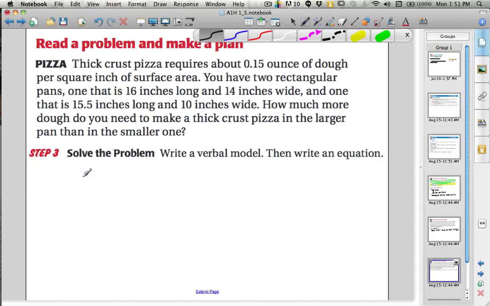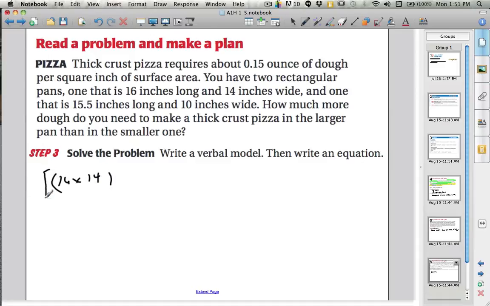So we have 16 times 14 minus 15.5 times 10 times 0.15 ounces per square inch, or I could write that as inches squared.